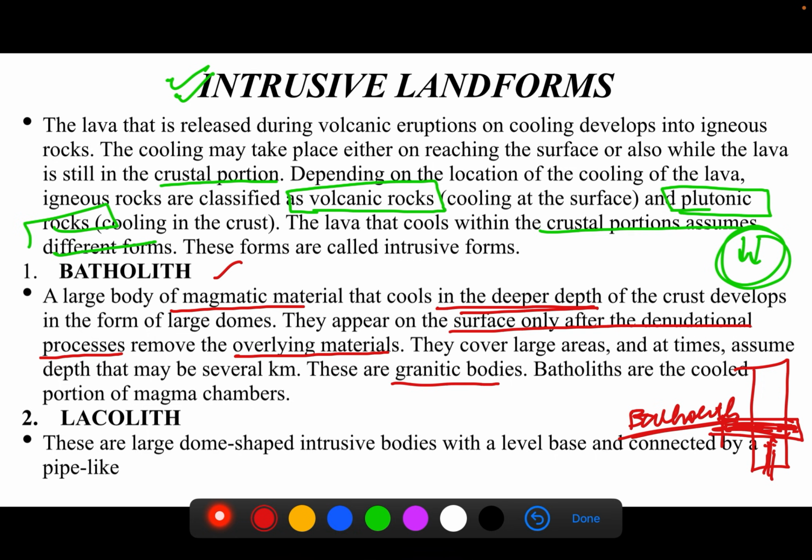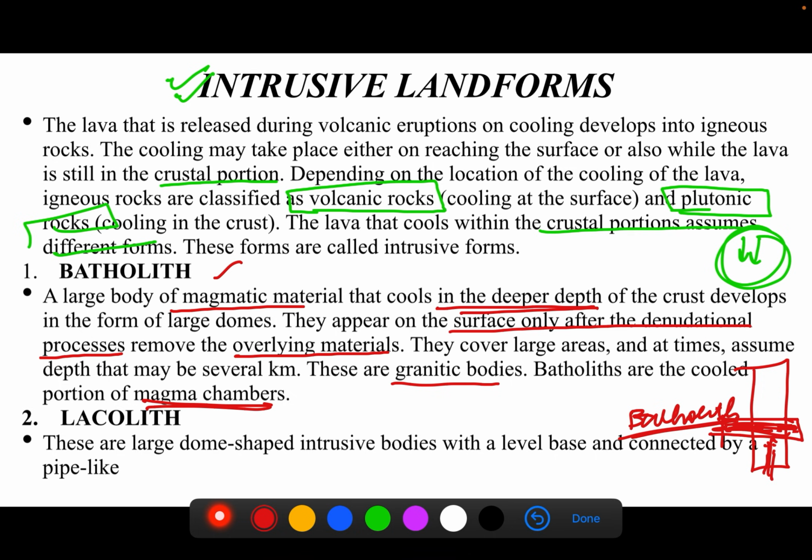These are granitic rocks, and batholiths are the cooled portion of magma chambers, which are the source of magma. When magma solidifies at or close to the source of magma, a huge amount of magma solidifies, and what it forms? It forms a batholith.